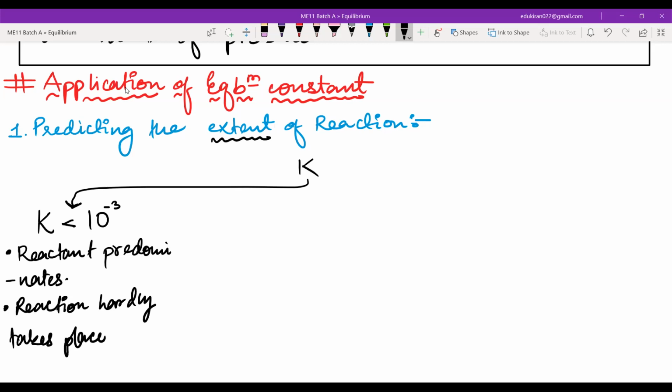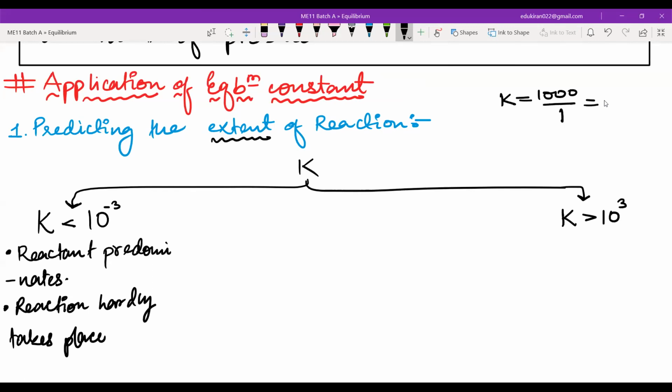Okay. And there will be an extreme case where I will say K is greater than 10 to the power 3. Now, in this case, you can write K equal to 1000 by 1, which is equal to B upon A. Now you tell me, what will be predominant in this case? Products, right?